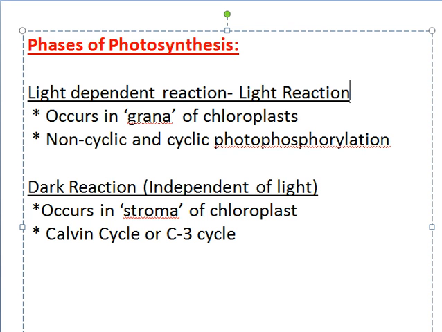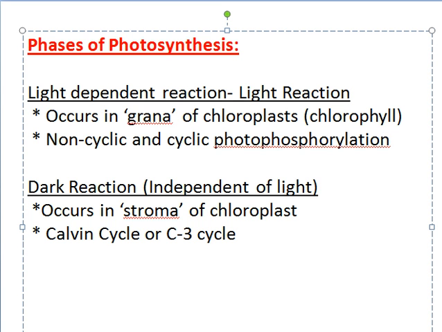Grana, if you remember, are the stacks of coins, as is mentioned in different books, present in the chloroplast, which are joined together by different structures known as stromal lamellae or stroma thylakoids. And within these grana, in the membranes of these grana, are present chlorophyll molecules. So this question regularly appears in many competitive exams.